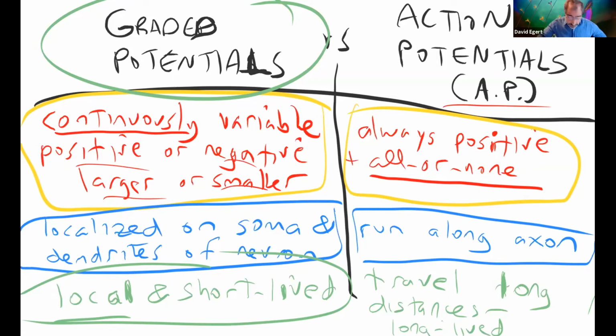We're going to be looking at both of these, and we'll be looking at a lot of the details about how action potentials happen. Action potentials are going to rely on all sorts of these specialized voltage gated channels that we're going to be looking at in more detail. So we'll be spending more time looking at what exactly an action potential is, how it works, how it's propagated, what affects it.